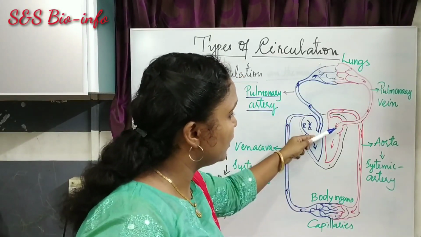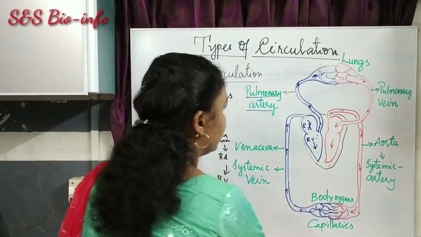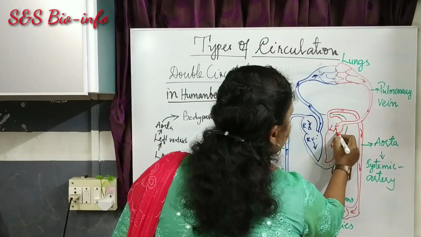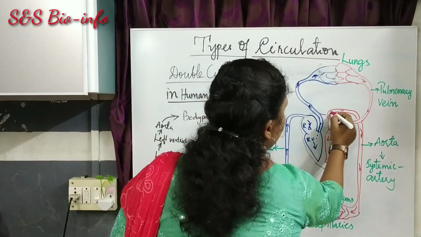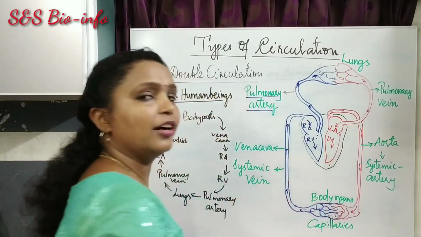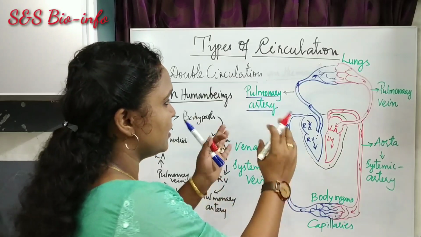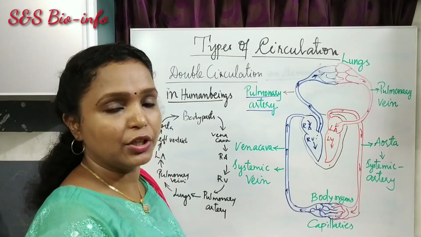From the pulmonary vein, it goes to the left atrium, then to the left ventricle. Then from there it is pumped to the aorta, from the aorta to the systemic artery, then to the body parts. So this is the diagrammatic representation of the double circulation that is seen in human beings.